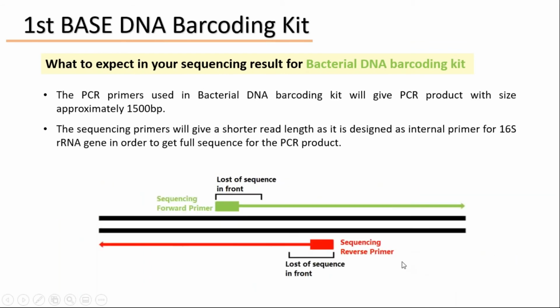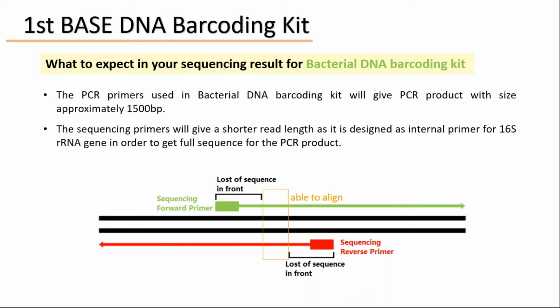However, if you use the internal primer of 16S, which is the sequencing primer to read towards each end, you may get a small region aligned like this. Quite small.